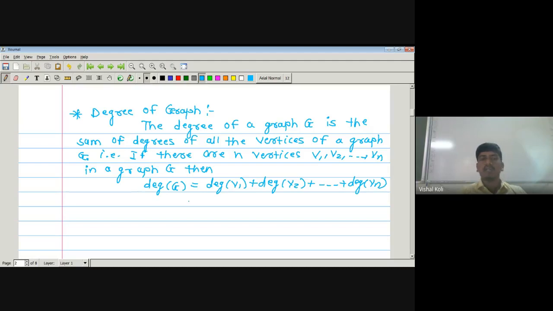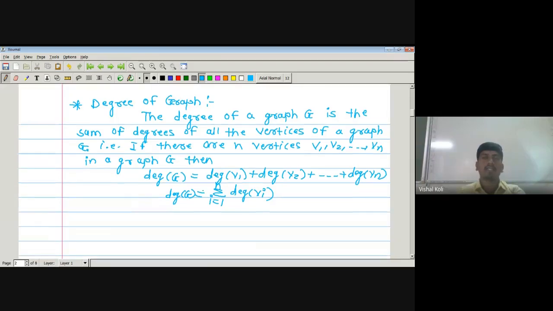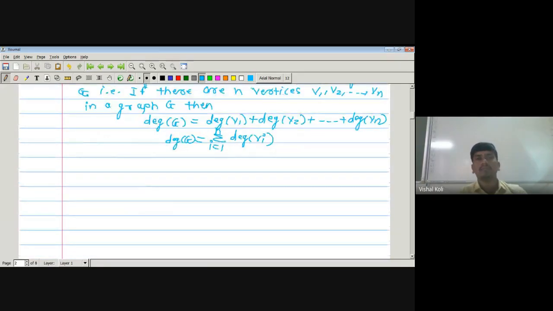This can be written as summation i running from 1 to n of degree of each vertex Vi, which is nothing but degree of graph G. Simply, degree of graph G is the sum of degrees of all the vertices in graph G. Let us see this by taking an example.